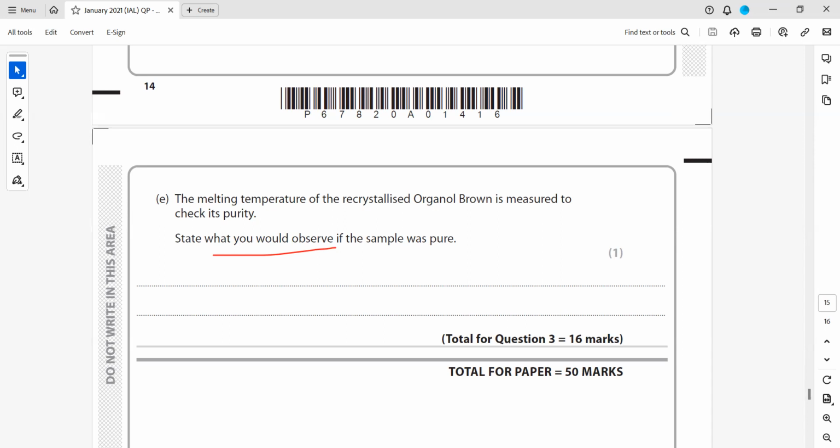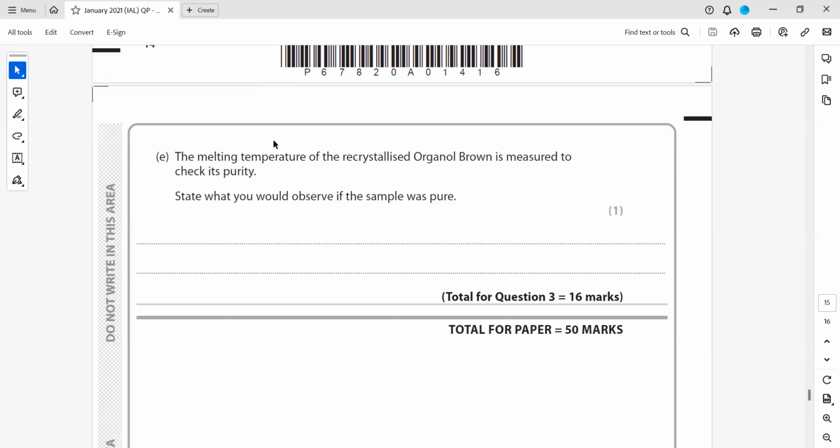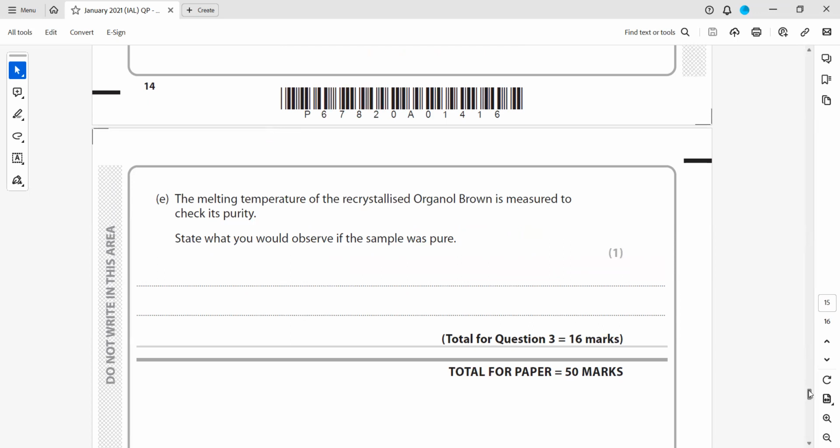So you can say a very small range, about 2 degrees plus or minus. If a pure sample was, for example, 109, it might be 111 or 107. So a small range will be there if you have a pure substance, or you can also say a sharp melting point. Is this question clear?